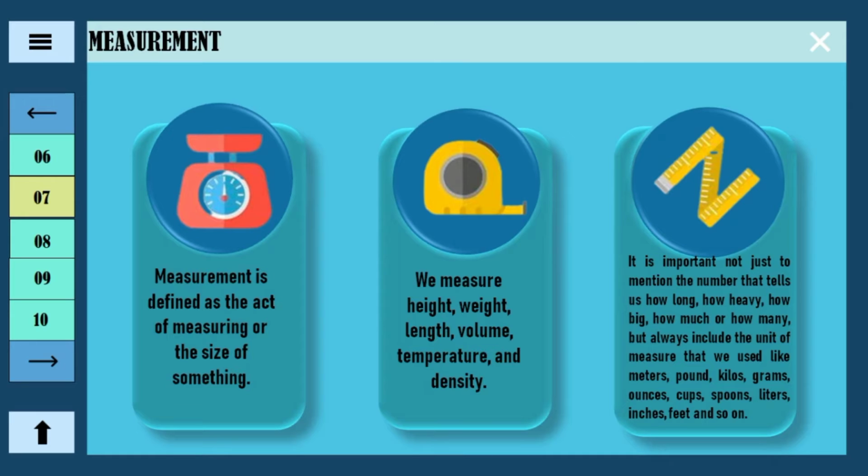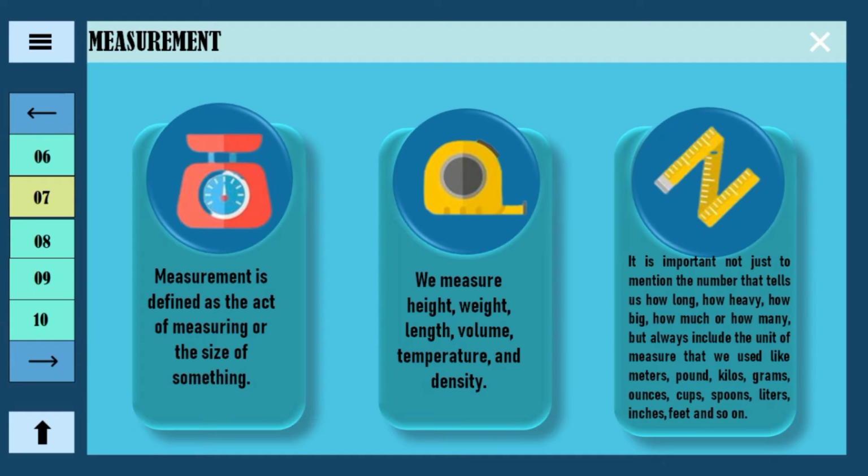But it is important not just to mention the number that tells us how long, how heavy, how big, how much or how many, but always include the unit of measure that we use, like meters, pounds, kilos, grams, ounces, cups, spoons, liters, inches, feet, and so on.